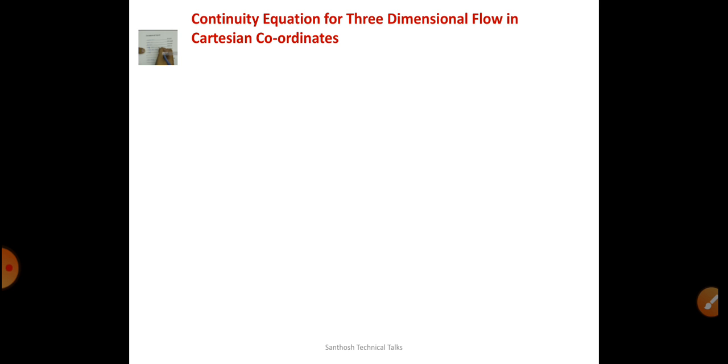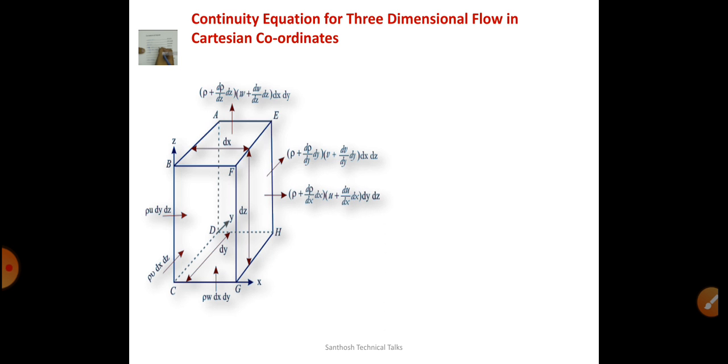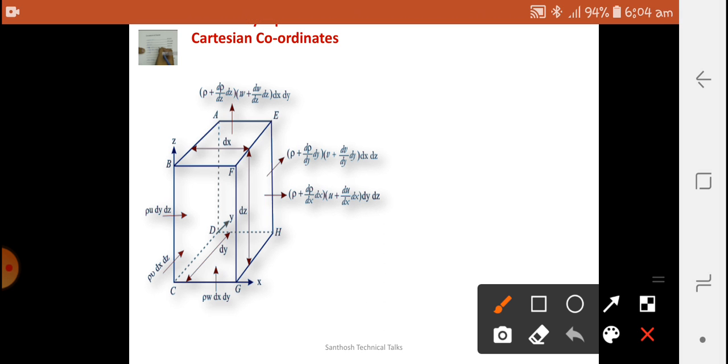Let us consider a fluid particle like this, a rectangular prism of a fluid particle having dimensions dx, dz, and dy, the length, width, and height of the fluid particle.